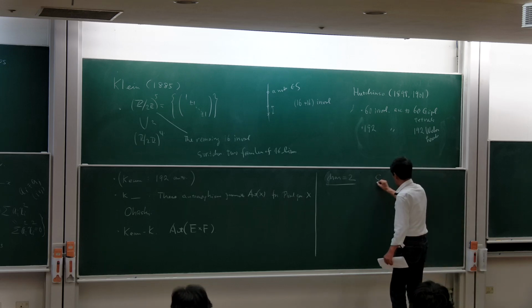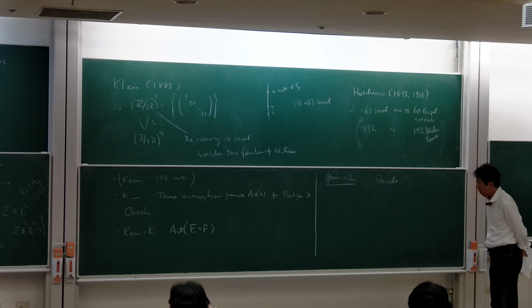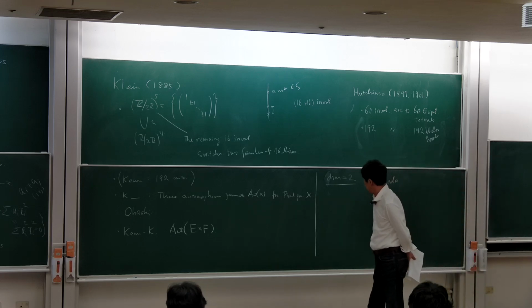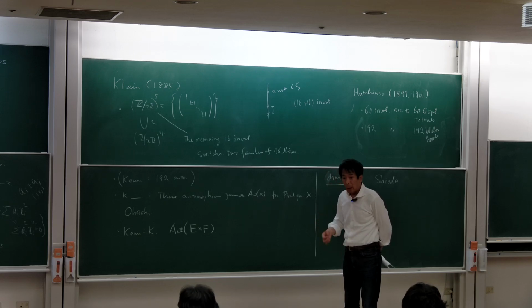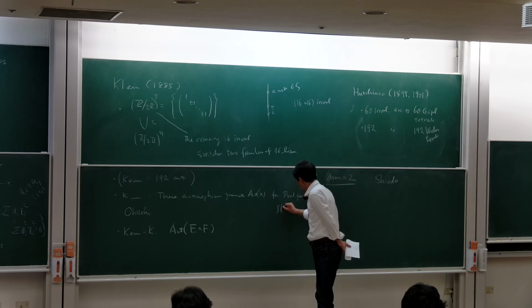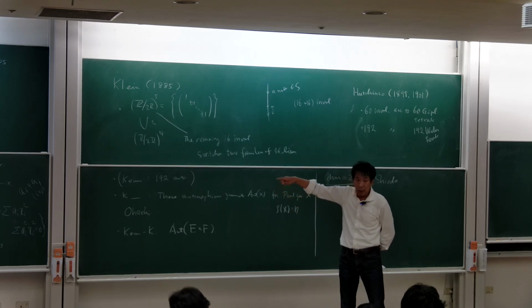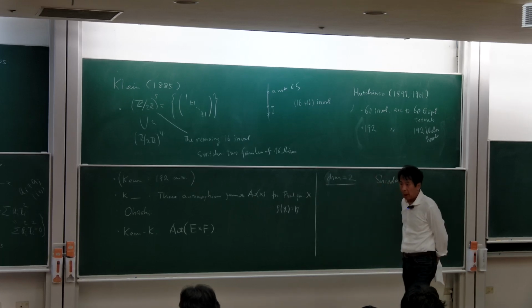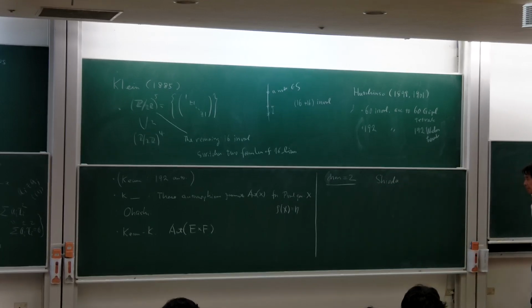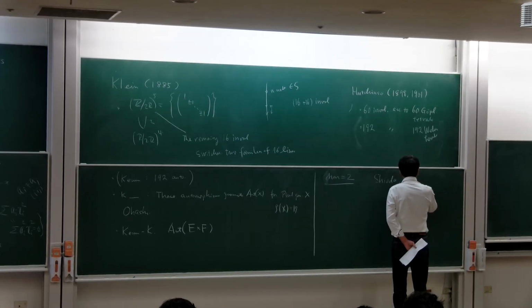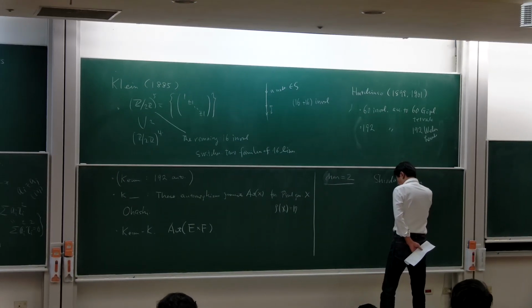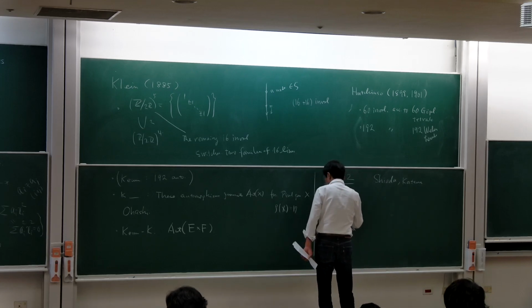So I think Shioda, Picard general, so the possibly minimum. Yeah, so in this case the Picard number is 17, hyperplane section and 16 disjoint -2 curves. Okay. And Shioda and Katsura pointed out, so this was Kummer quartic.